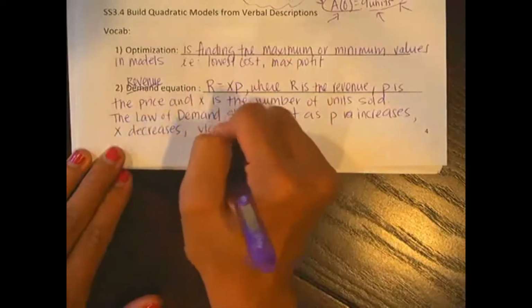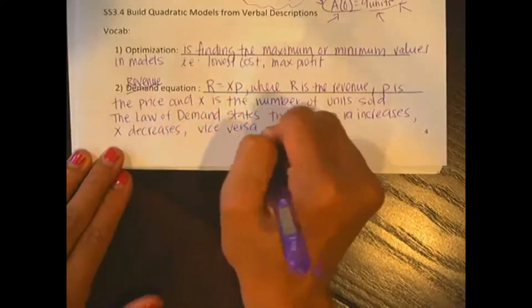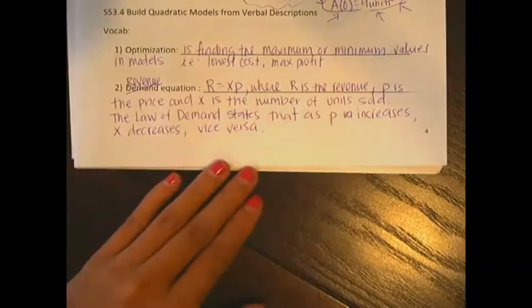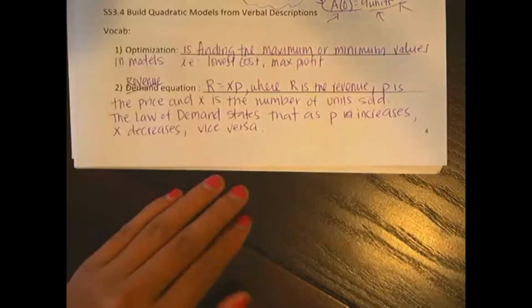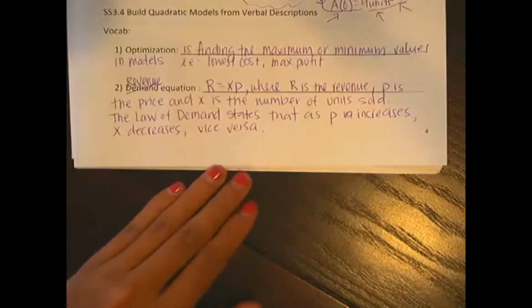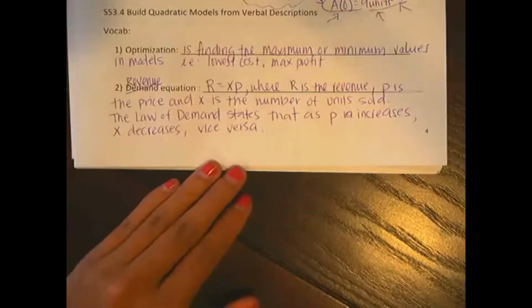Vice versa. Which makes sense, right? So if you own a business selling t-shirts and you increase the price, people are not going to think it's worth that much. But you know what I think?